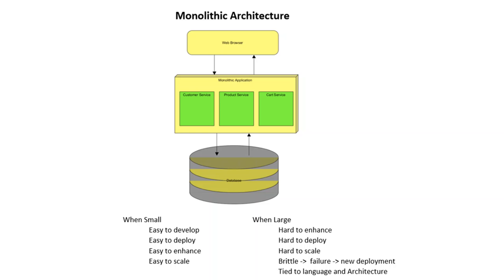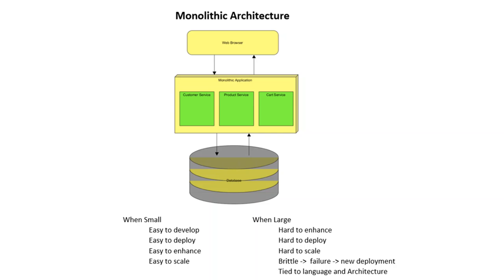And it's hard to scale because it is typically developed to be a single instance. When your customer base increases, especially for a popular web application, you'll get a lot of traffic. Now you have bottlenecks in your application, but you can't really break it up because everything is just one code base.